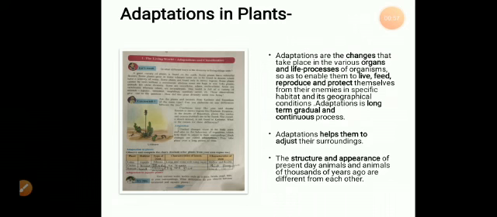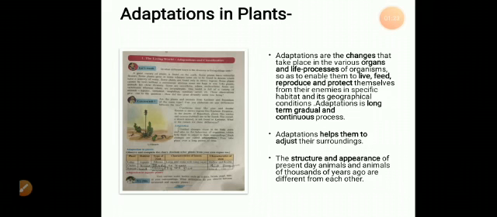Now, as different types of plants are there, similarly, some animals are also diverse. Some are unicellular, that is single celled, and some are multicellular, that is many celled. Now, some are vertebrates which have a vertebral column, and some animals are invertebrates, they do not have a vertebral column.